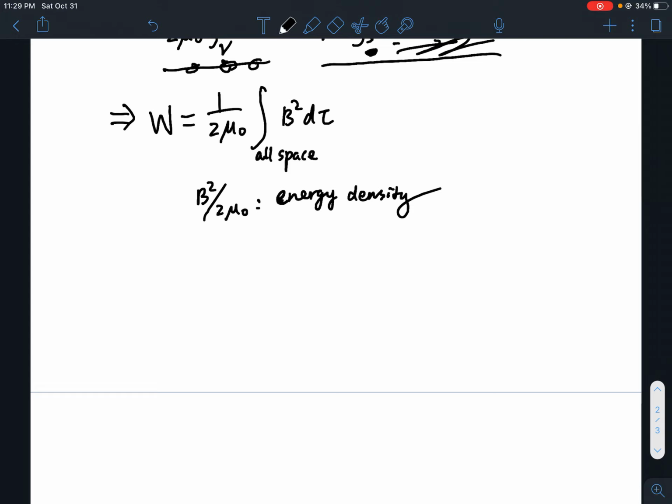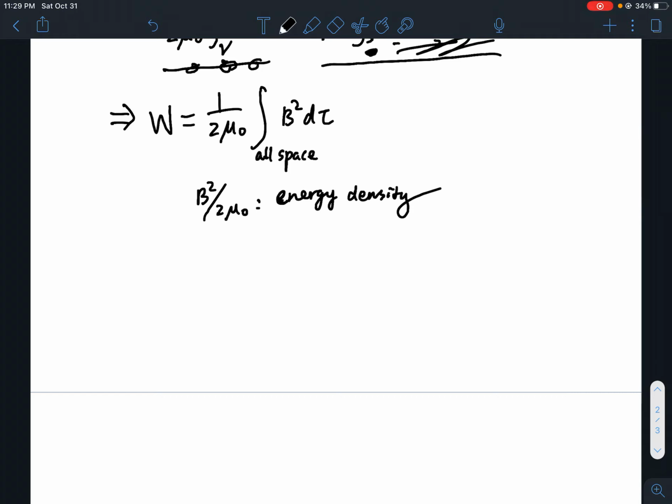You may find it strange that it takes energy to set up a magnetic field, because we already discussed before that magnetic fields themselves do no work. So why do we still need energy to set up a magnetic field?